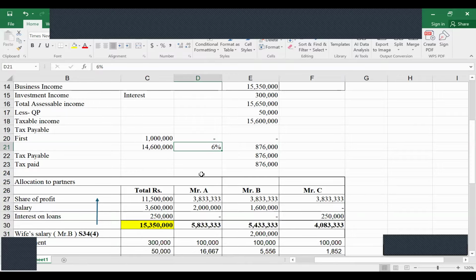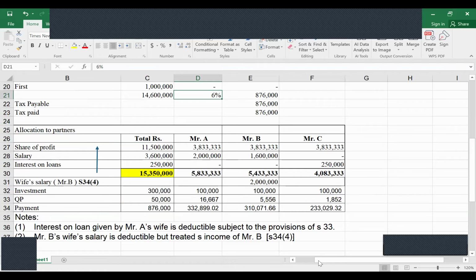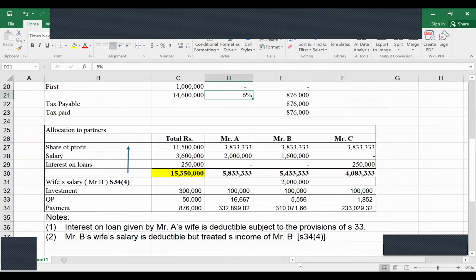Then we have to prepare a specific table. We call it calculation of share of profit.